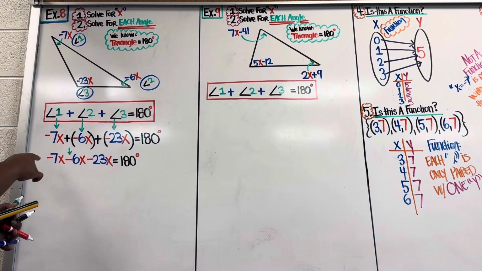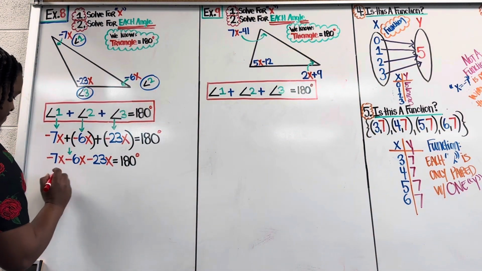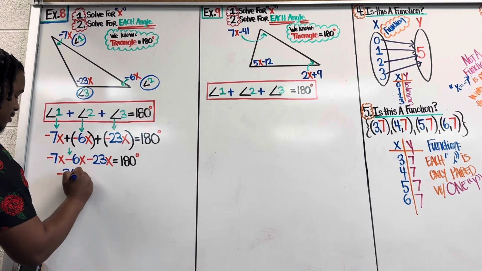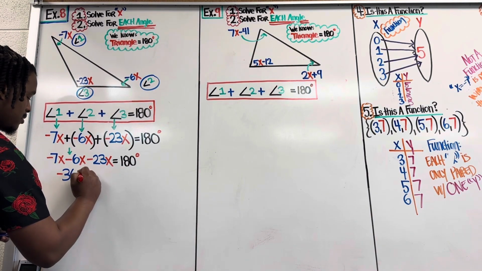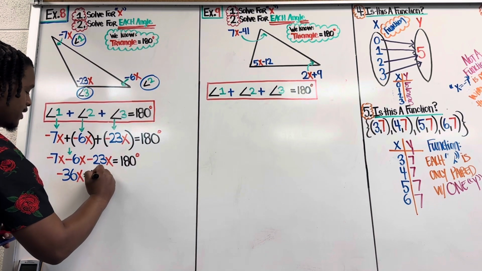Or the same thing, negative 7 minus 6 minus 23 equals negative 36. So that's going to be negative 36x equals 180.